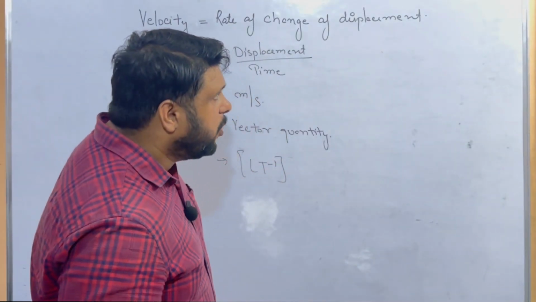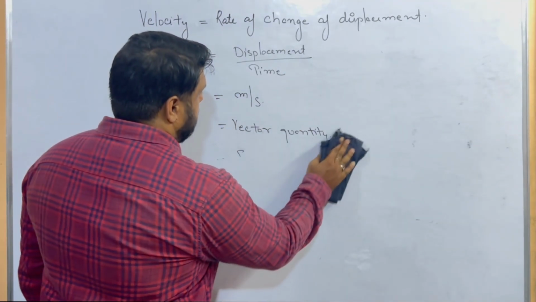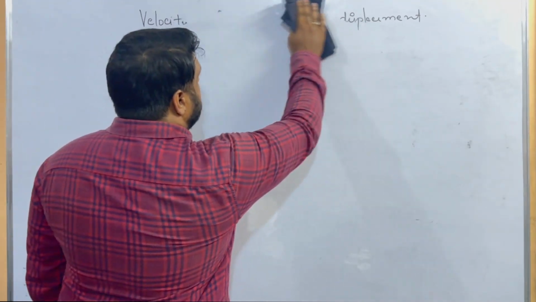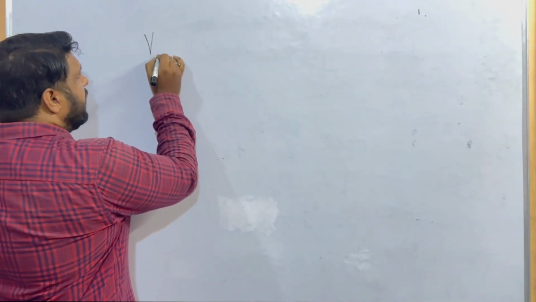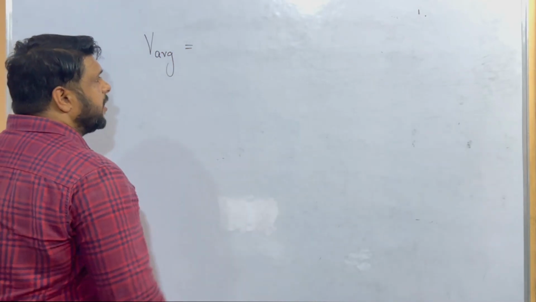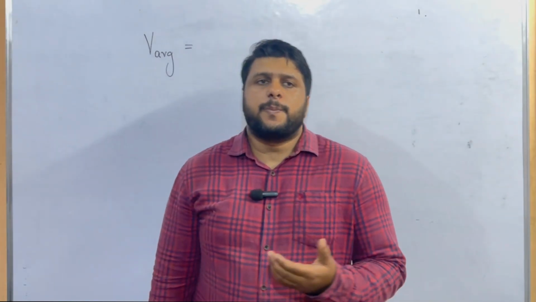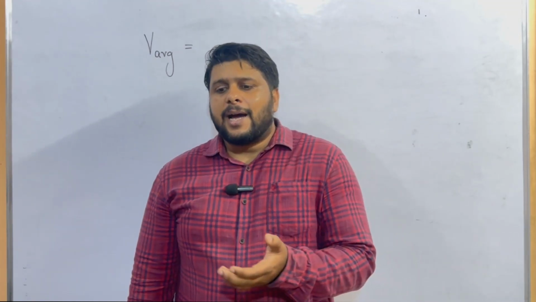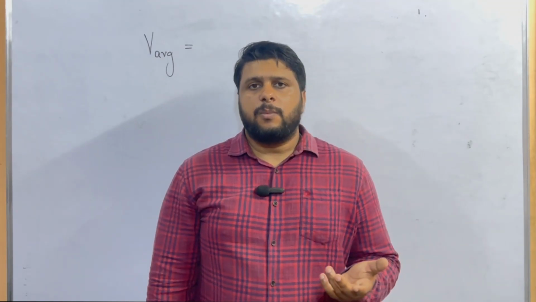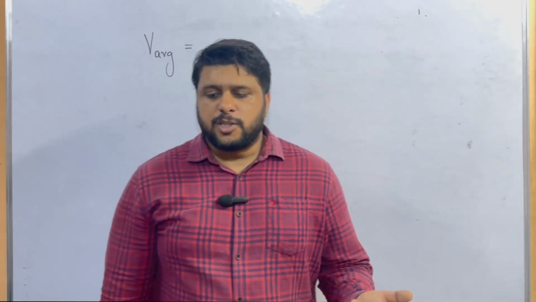Now let's talk about average and instantaneous velocity. For average velocity, like average speed, which we defined as the total distance traveled by total time taken, the formula is going to be similar, but instead of distance we are going to use displacement.